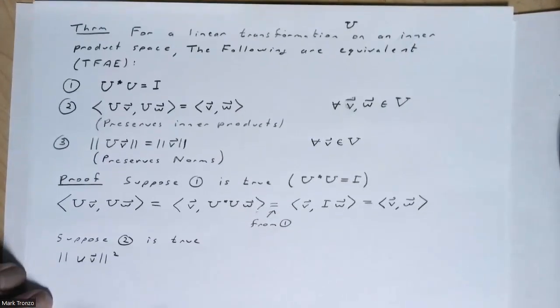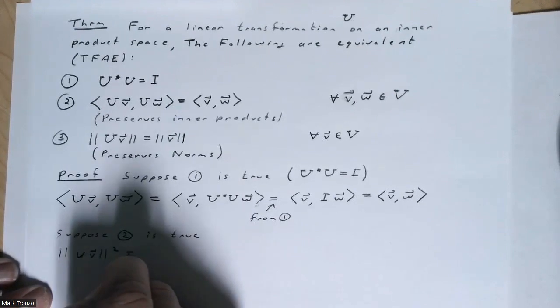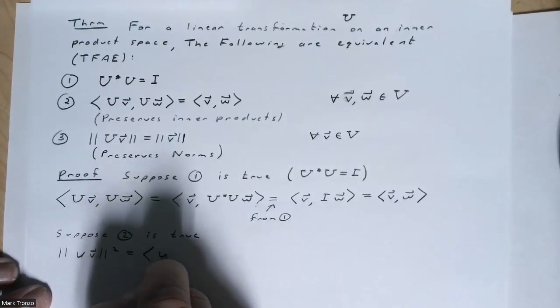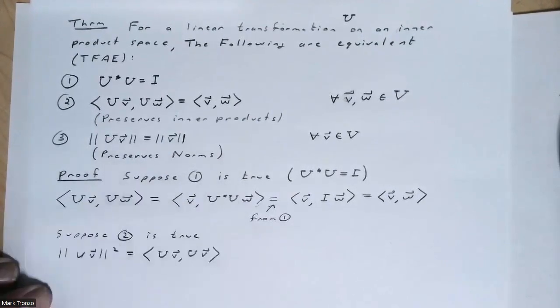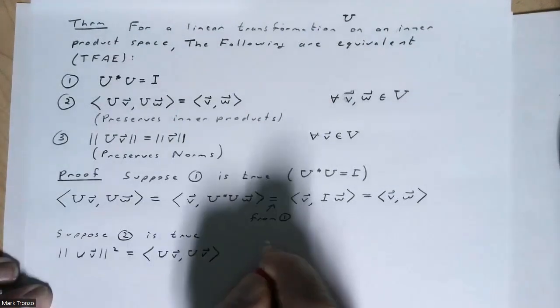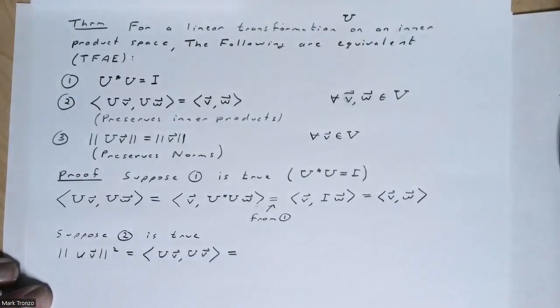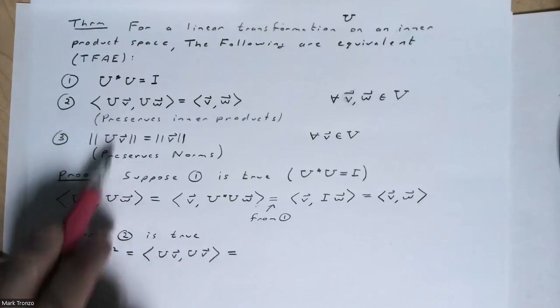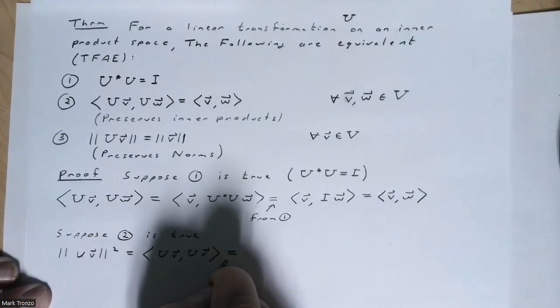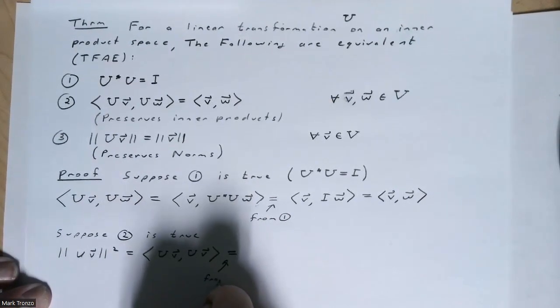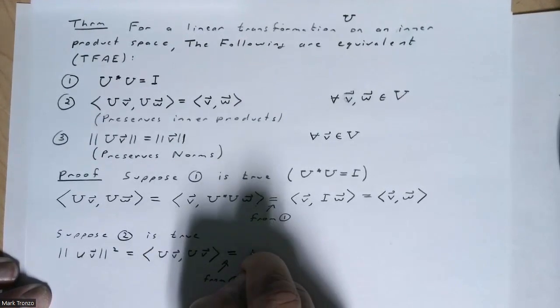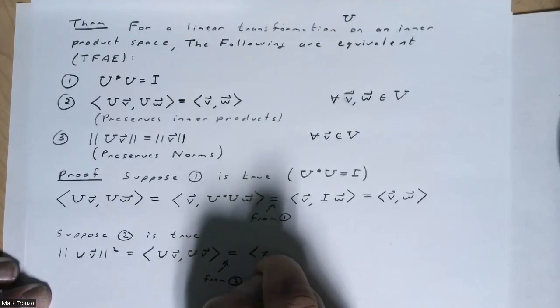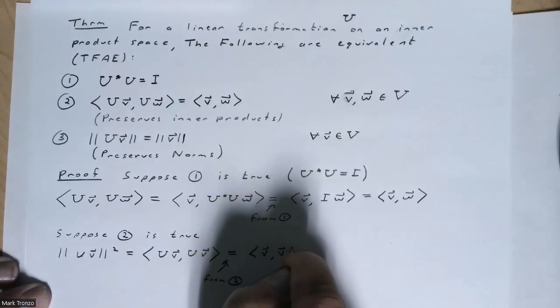And we'll just square this. Once again, by the definition of the norm, we have that that's true. And then from 2, since we're assuming that 2 is true, we can use the fact that U preserves inner products. So we can say this is going to be V.